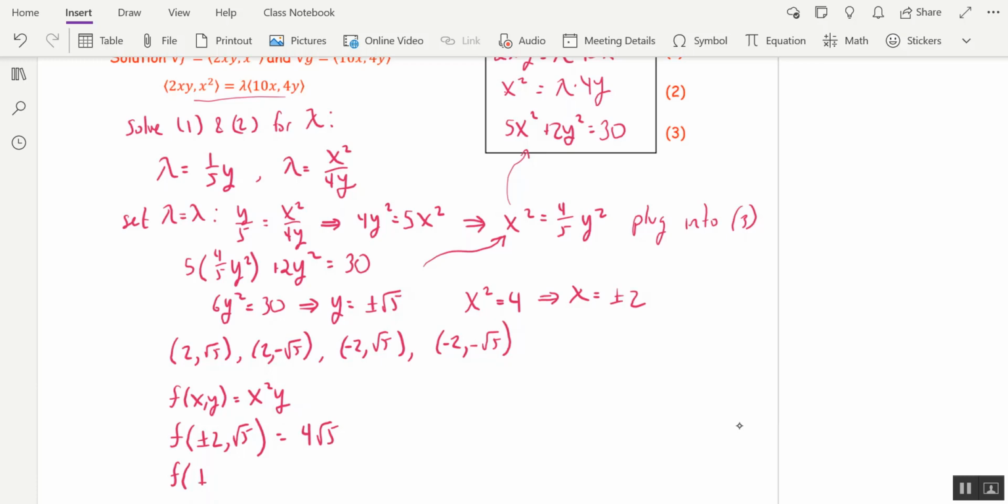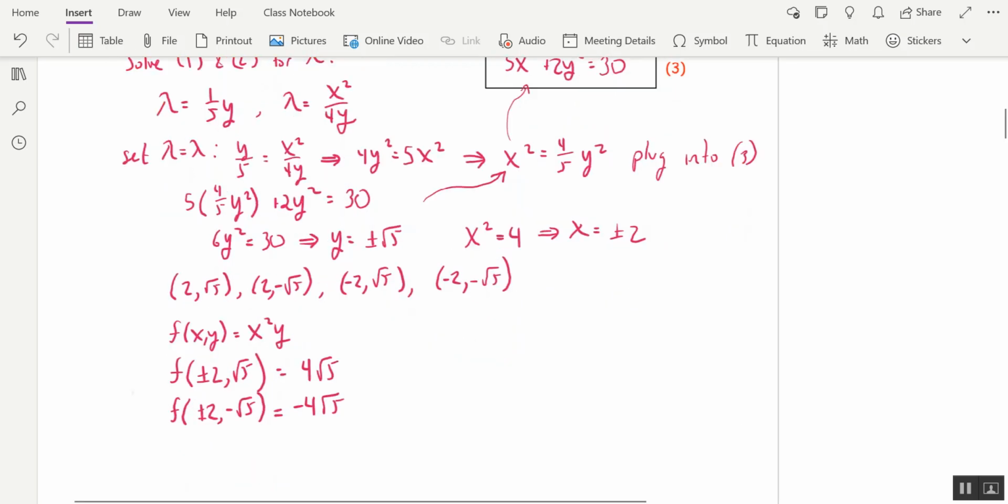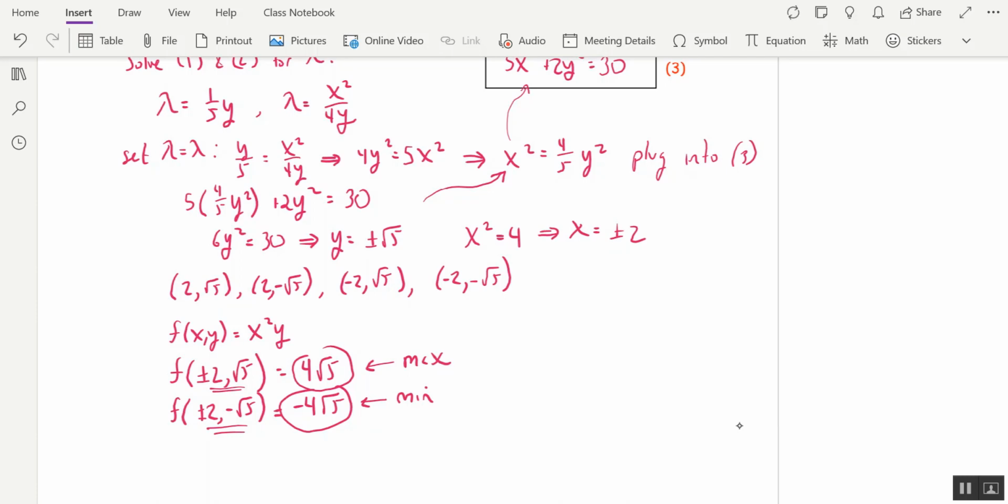F at plus or minus 2, negative root 5 will be negative 4 root 5. So that tells me that this is my max, this is my min. The max happens in 2 places. I get a maximum value at both those points. That's okay. And the min again happens at 2 places, at both of those points.